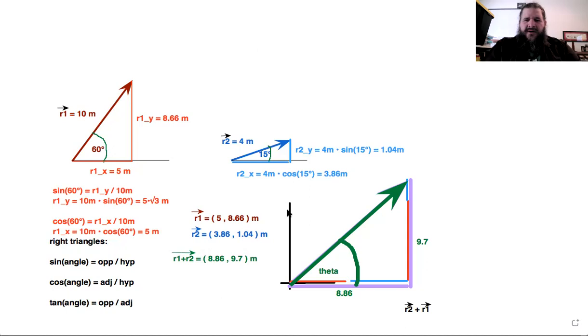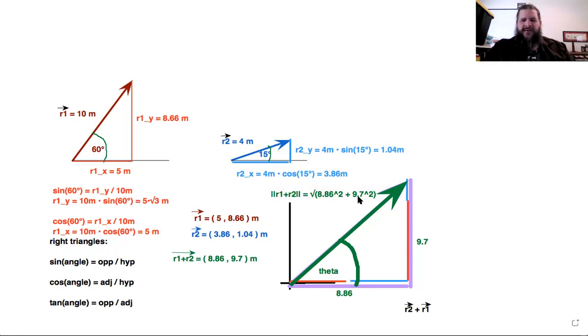So what we can do here is we can write this as the magnitude squared should equal the x component squared plus the y component squared. And then if we just take the square root of both sides, that should do it. So the magnitude of the vector is just going to be square root of x component squared plus y component squared.